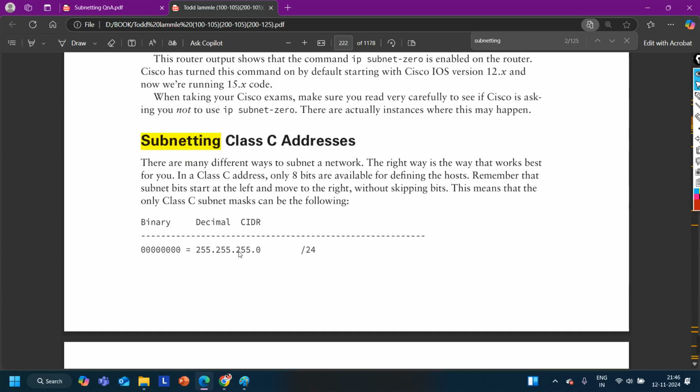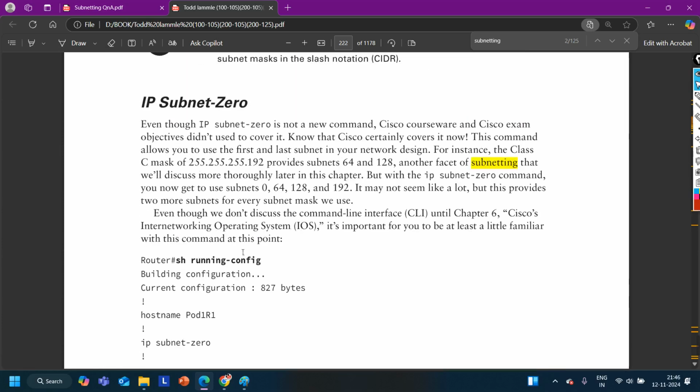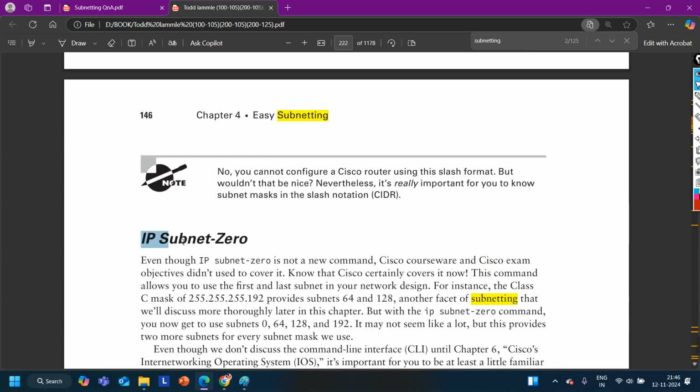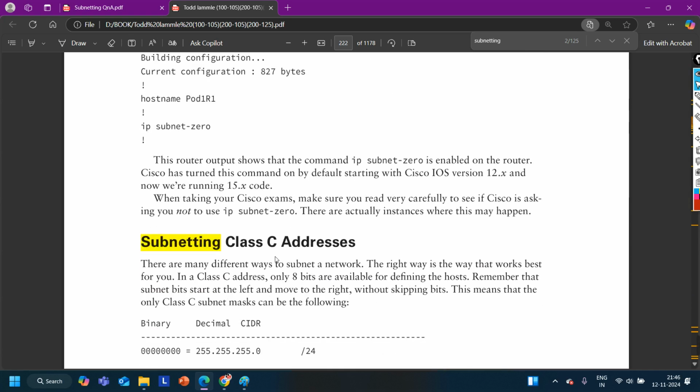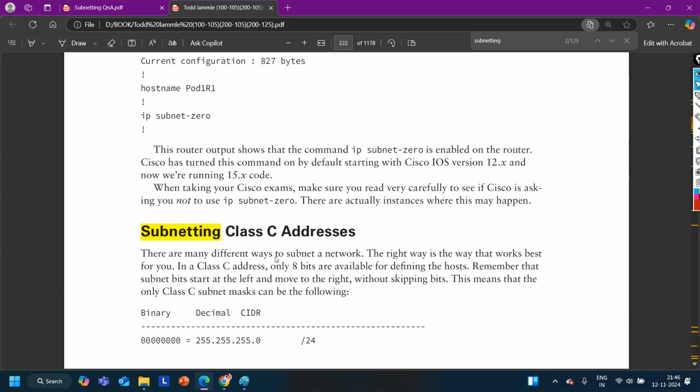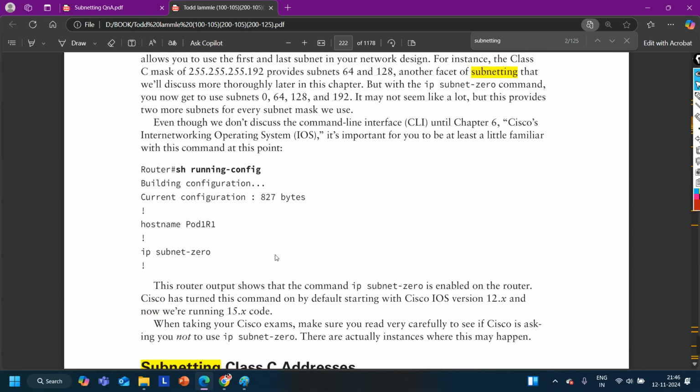And after that, there is one ip subnet-zero command also. When I start the configuration, I will tell you about it. By default you cannot configure an IP with slash 31, because in slash 31, how many valid hosts? 2 to the power h minus 2. How many host bits are there?